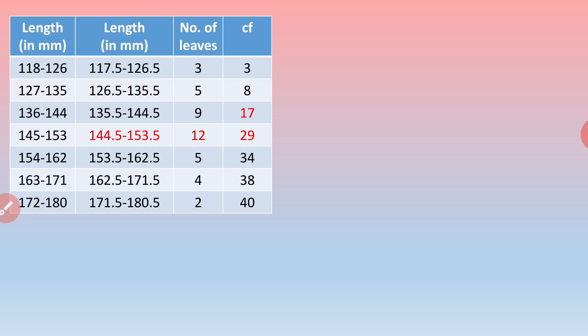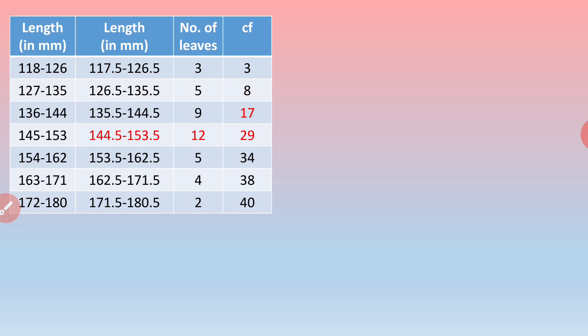This 0.5 is always subtracted from the lower limit of each class, and the same 0.5 is added to the upper limit of each class. This is how you get the entire data as continuous class intervals: 117.5 to 126.5, 126.5 to 135.5 and so on.